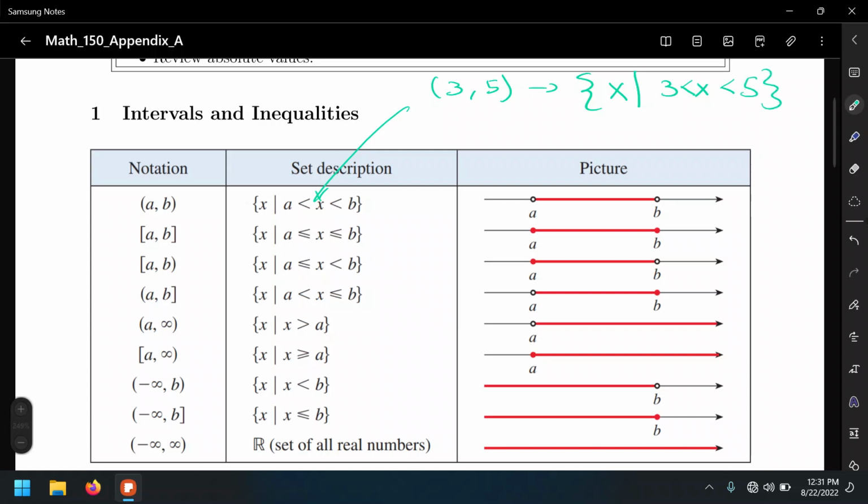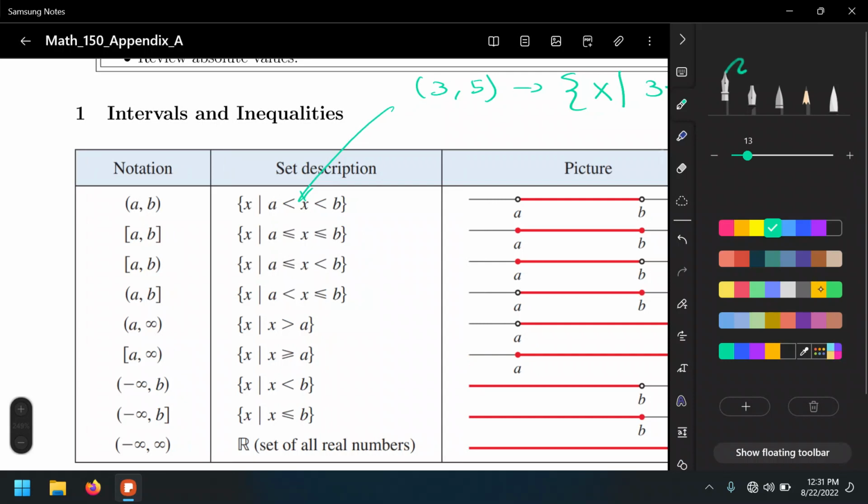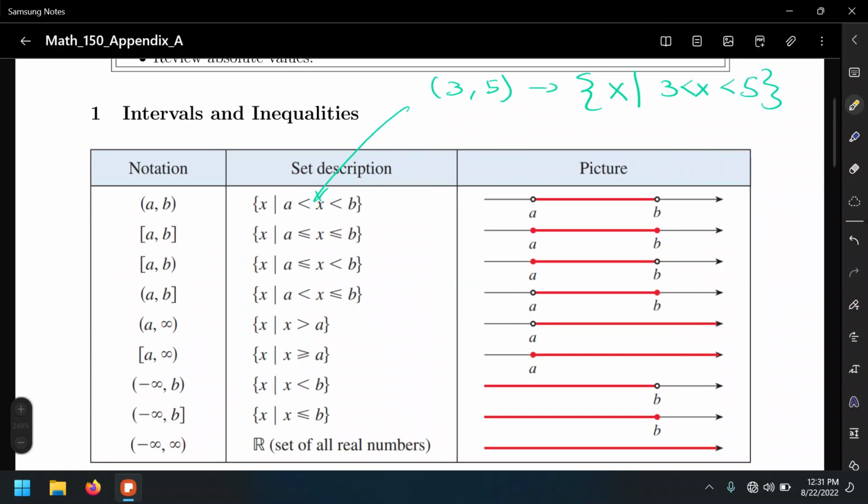So the way we read this is, let me use a different color for this. x such that x is greater than 3, oops, and less than 5.